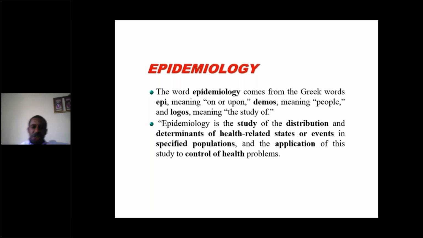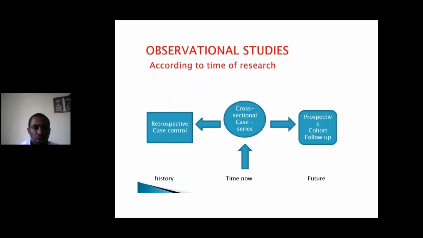We are studying the distribution and the determinants. We are looking at the health state, and we are looking at a population. This is the distribution and this is the determinant of their state in this population. Then we take that information and use it to study how to control the problems of that population.